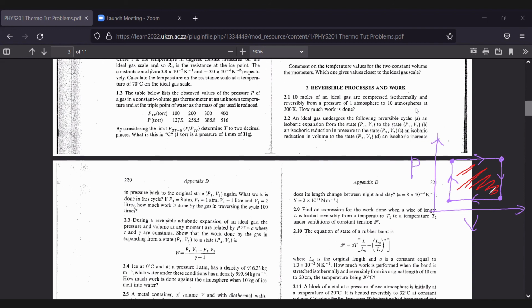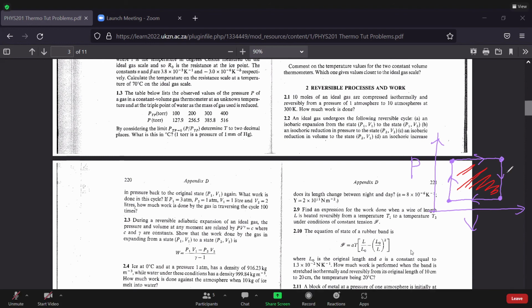Okay, so the question that you had with that PV thing, that's right, but you need to know that that's only for these processes here.